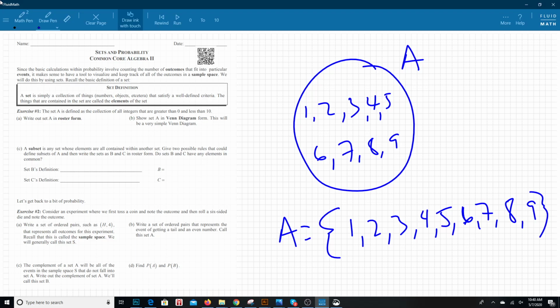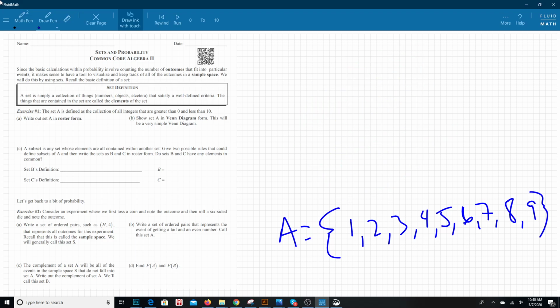Now B says show set A in Venn diagram form. That will be a very simple Venn diagram, which is simply that. Keep in mind, if we wanted to show A in Venn diagram form, we can say here, A, we have this right here.